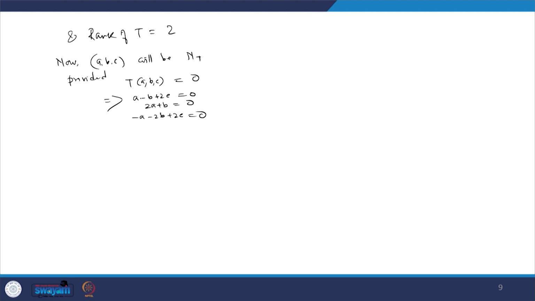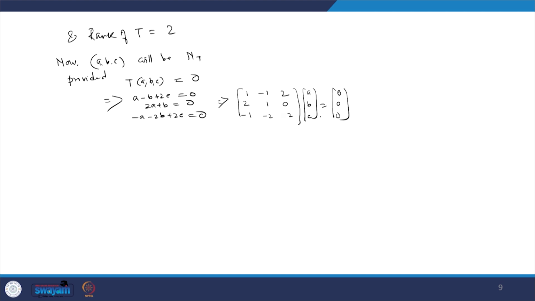Indirectly, you can say that the solution space of the system, with matrix 1, minus 1, 2; 2, 1, 0; minus 1, minus 2, 2, is what we are looking for. If we consider the corresponding row reduced echelon matrix, it is 1, minus 1, 2; 0, 3, minus 4; 0, 0, 0.